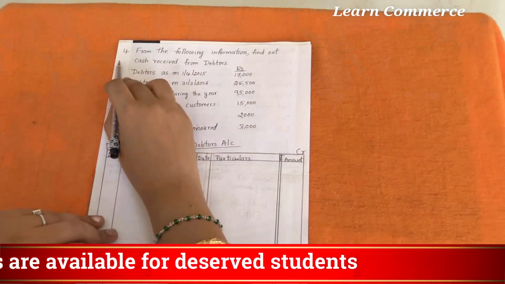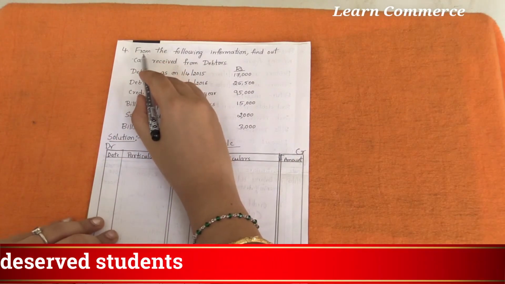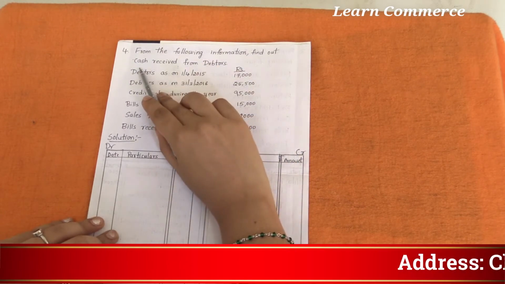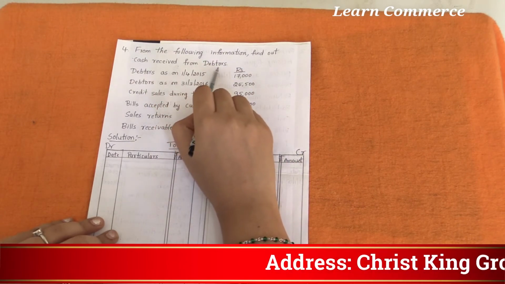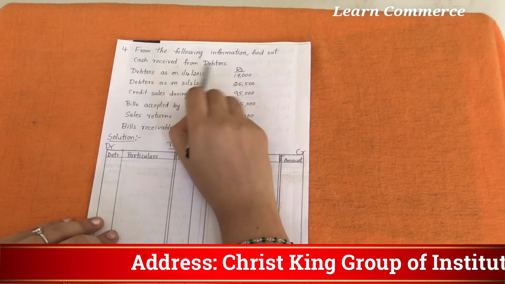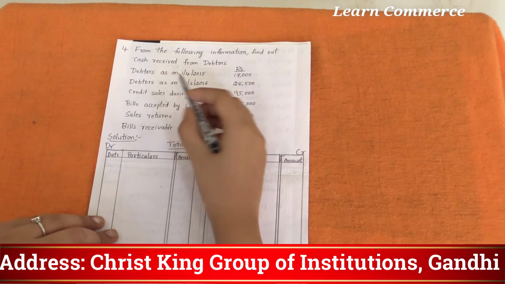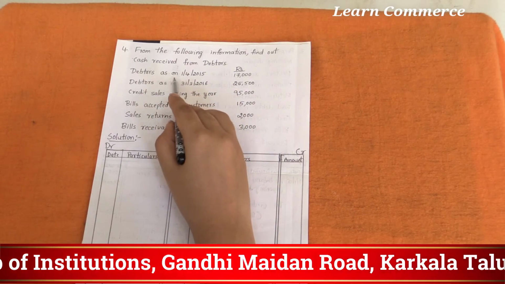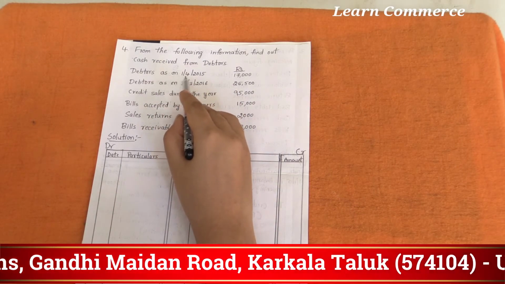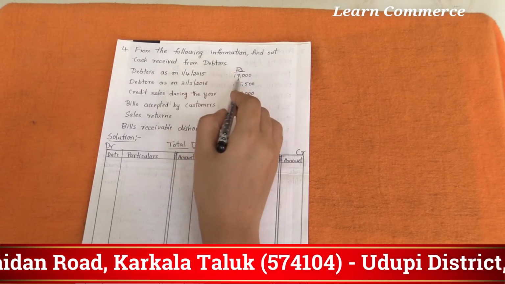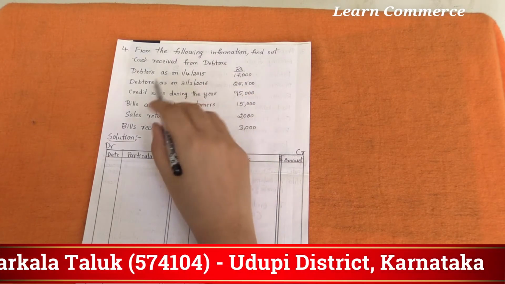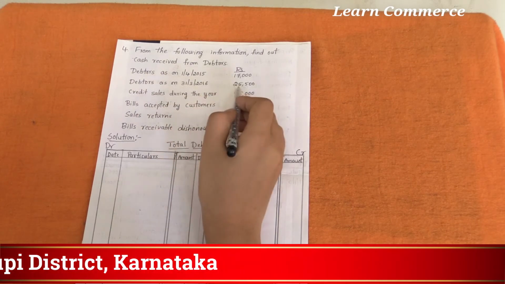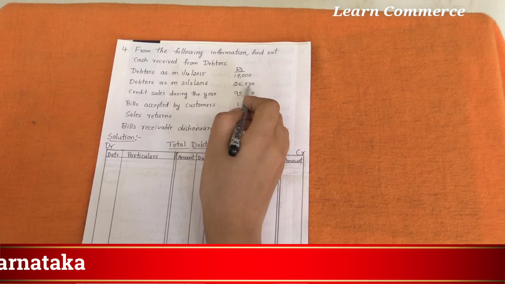Next, fourth one, I will read the question. From the following information, find out cash received from debtors. See the given information. Debtors as on 1st April 2015, rupees 17,000. Debtors as on 31st March 2016, 25,500.